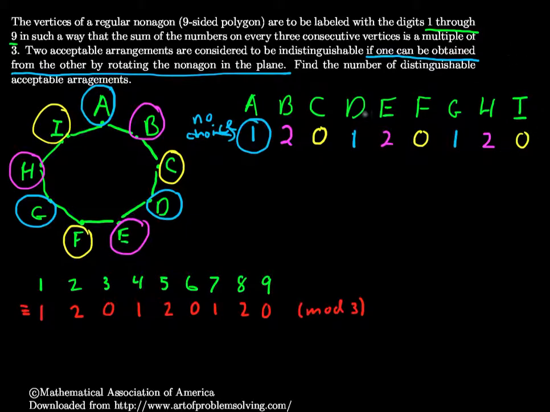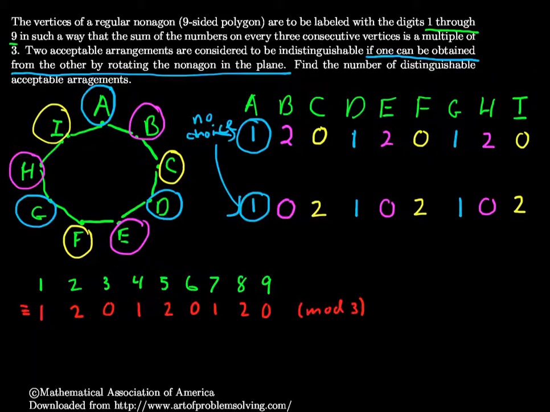I could similarly still have 1 with no choice to it. It has to be the number 1, not just 1 mod 3. And 1 for D and 1 for G. But I could decide to have B be a 0 mod 3. And I could choose to have C be 2 then mod 3. So this is also valid.